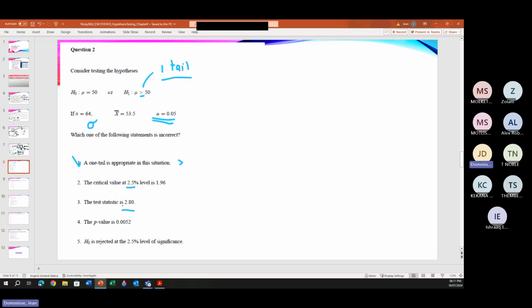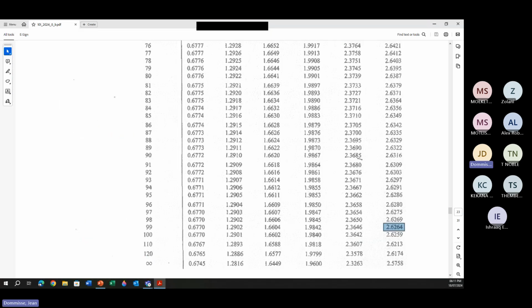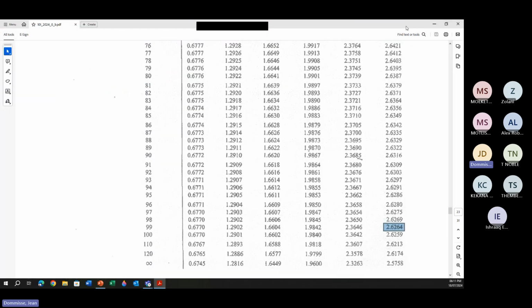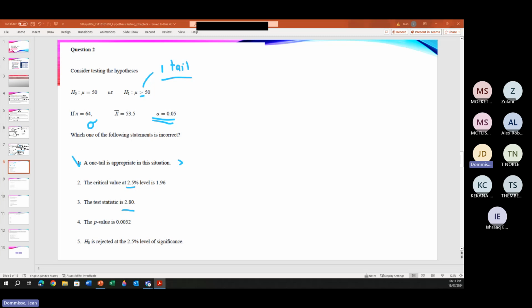Let me just quickly check where I got this question from, because there's a few things that are not included here that I need. So I definitely need to know if it is a Z or T that I'm working with, so if it's a sample standard deviation or a population standard deviation.